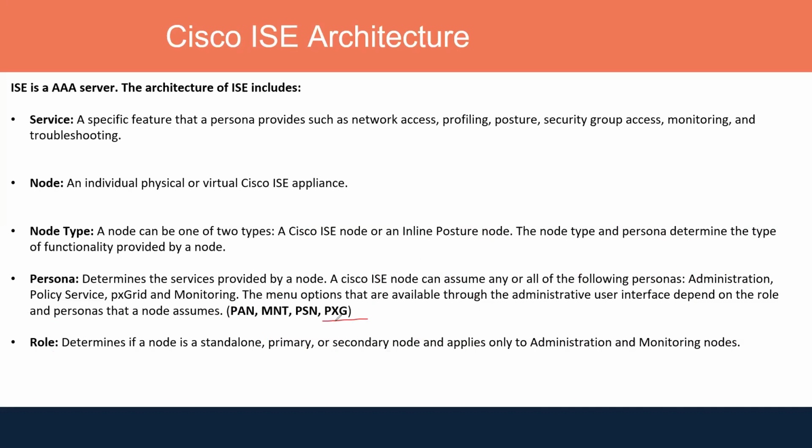If I talk about PXG, PXG is known as platform exchange grid. I hope you know the basic work of PAN, MNT, and PSN, but I would tell you about PXG.